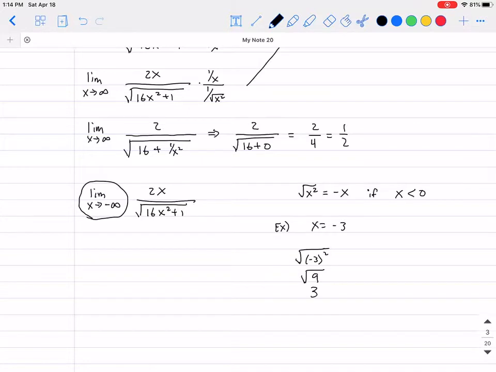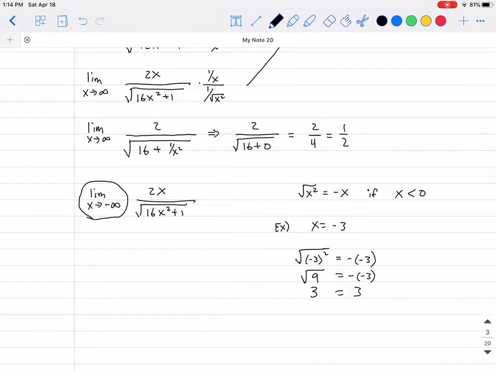And because it's the square root of 9, the answer is positive 3, not negative 3, because we didn't start with the square term. And on the other side, I want it to be equal to x. Since x is equal to negative 3, we have to throw a negative in front of it in order for that to work out. So negative of negative 3 is equal to 3.